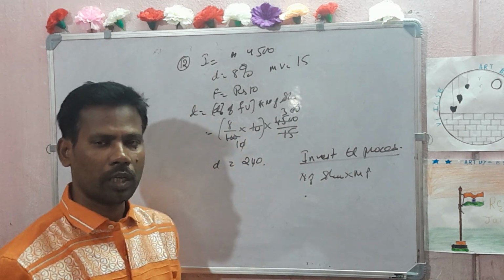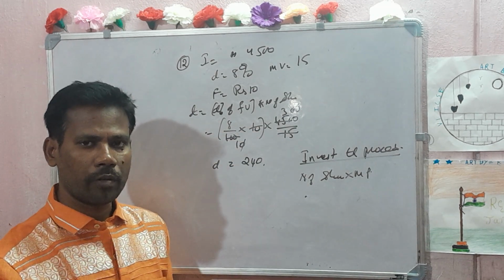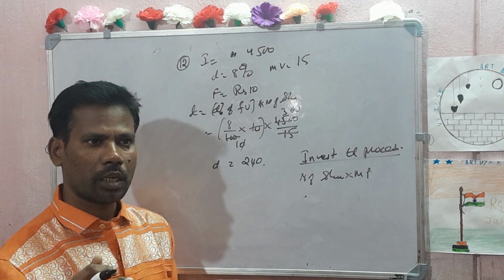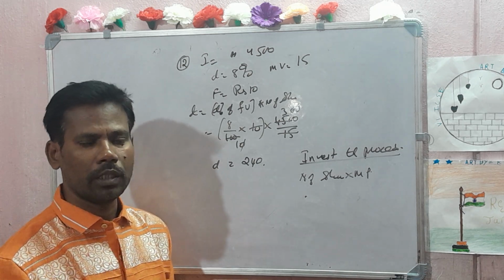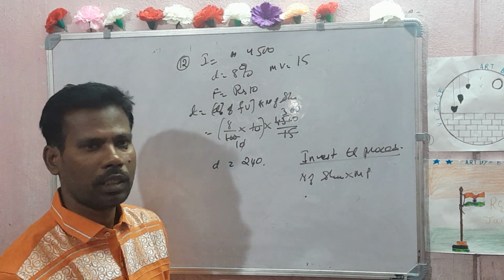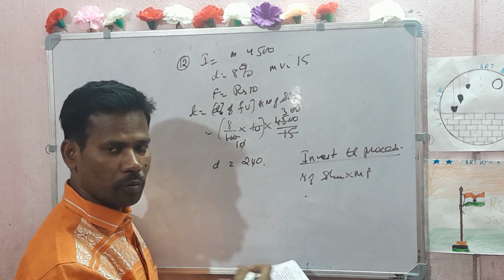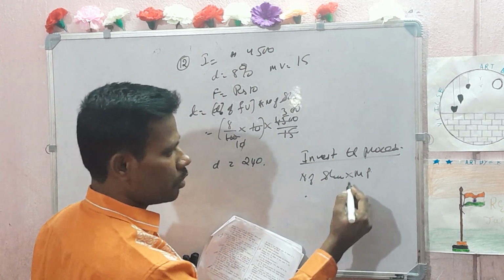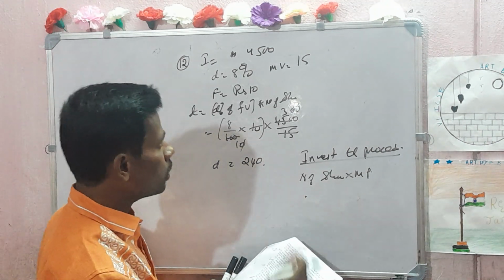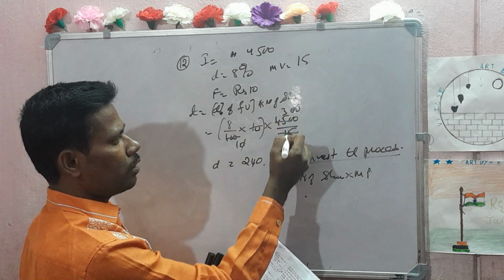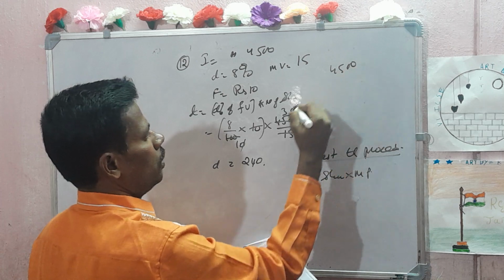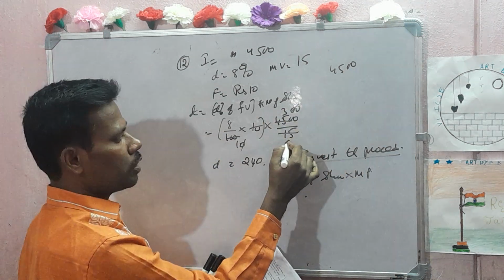Market price is hinted by phrases like when the price rises, when the price falls, he sold. They will give some hint to proceed further in the problem. So what you have to do? Number of shares we have already calculated.